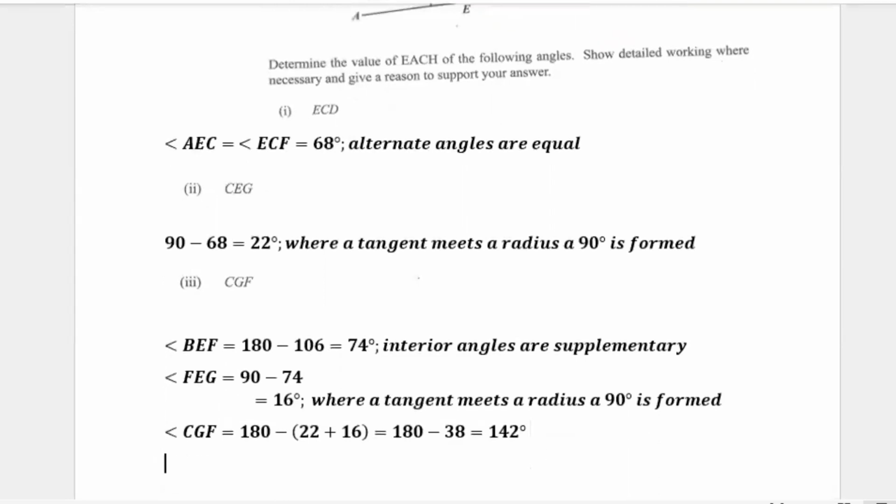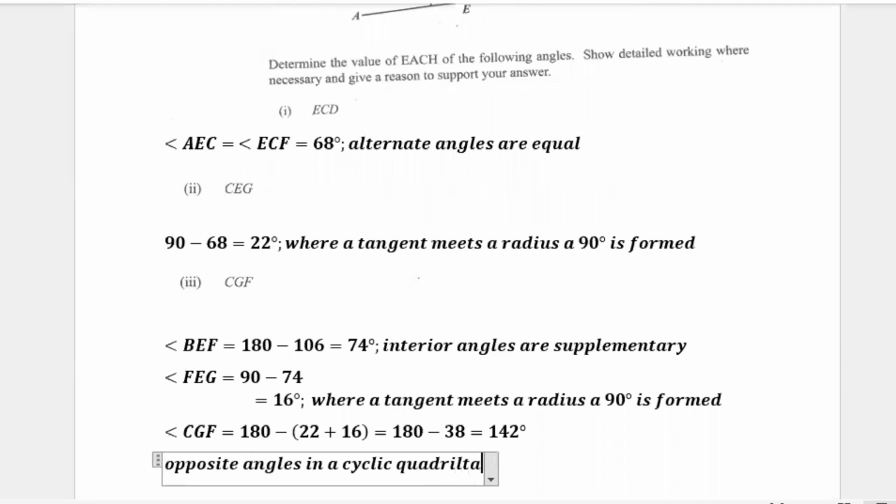And the reasoning that we have is opposite angles in a cyclic quadrilateral are supplementary. So that would be our answer there. I hope you guys really got that one.